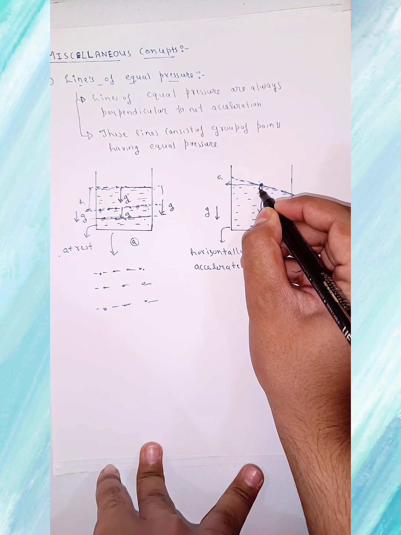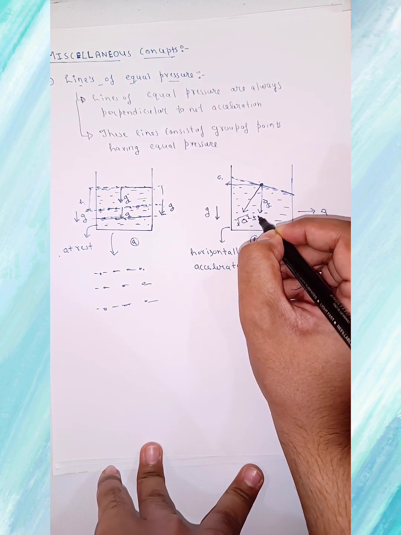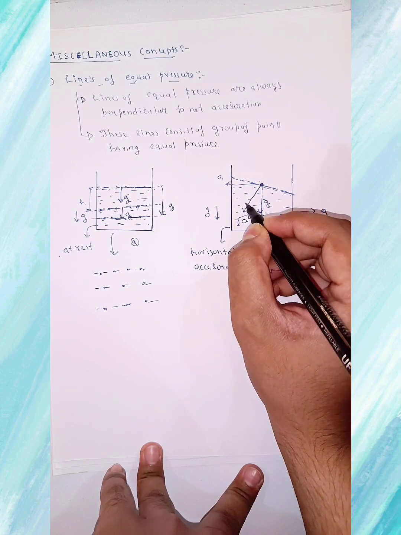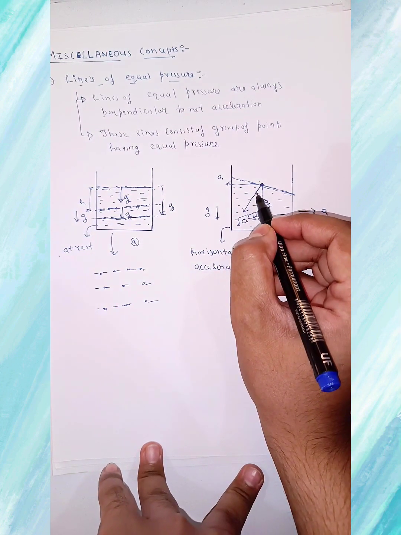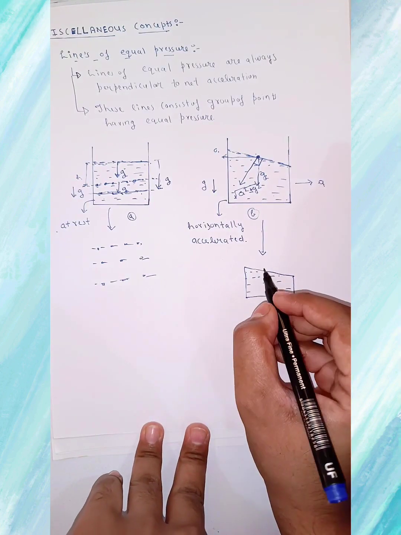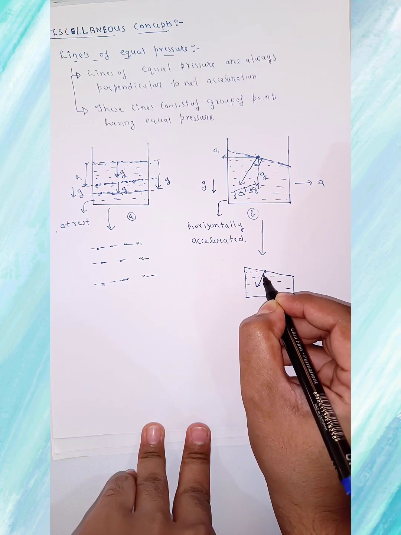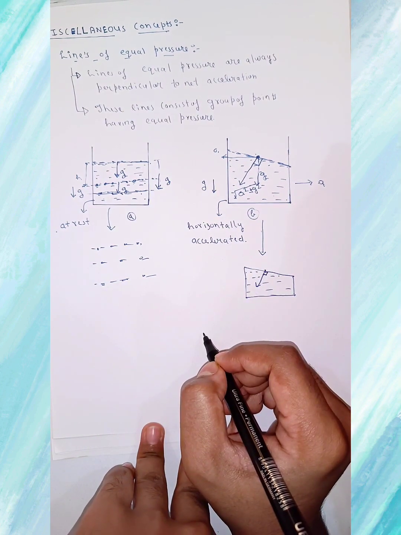So net acceleration will be like this, and its value is the square root of a square plus g square. I hope you know that, and it will be perpendicular to the water surface. So that clearly means our net acceleration is acting like this, perpendicular to this water surface.